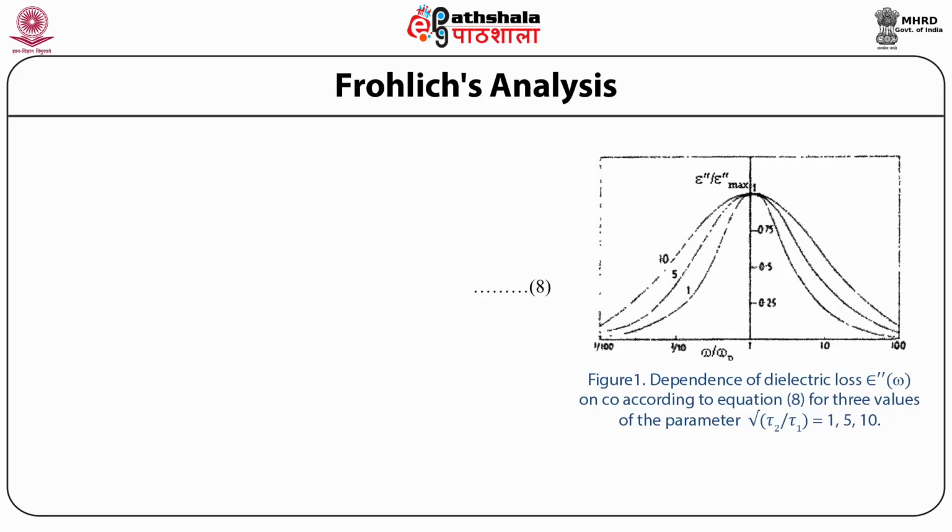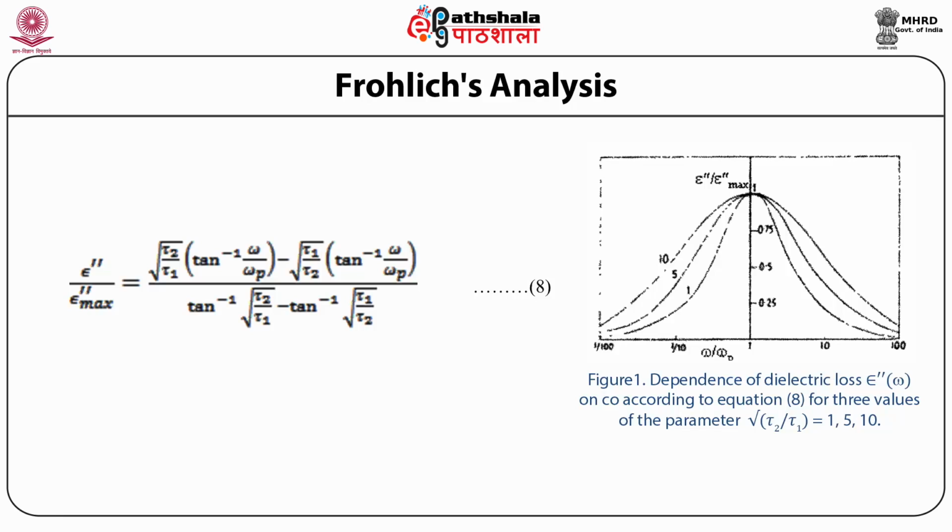Figure 1 shows the factor epsilon double prime divided by epsilon double prime max as a function of omega by omega p, calculated according to epsilon double prime divided by epsilon double prime max equals [root over of tau 2 by tau 1 into tan inverse of omega by omega p root over of tau 1 by tau 2 into tan inverse of omega by omega p] whole divided by [tan inverse of root over of tau 2 divided by tau 1 minus tan inverse of root over of tau 1 divided by tau 2].